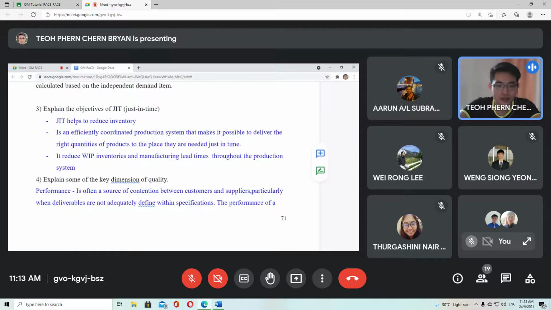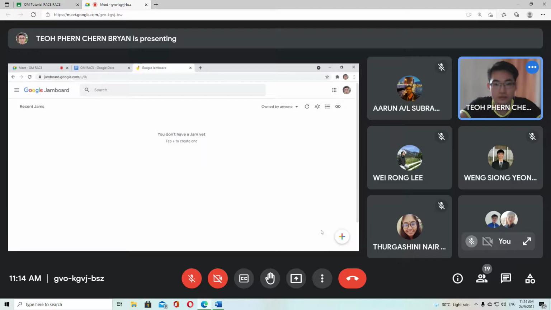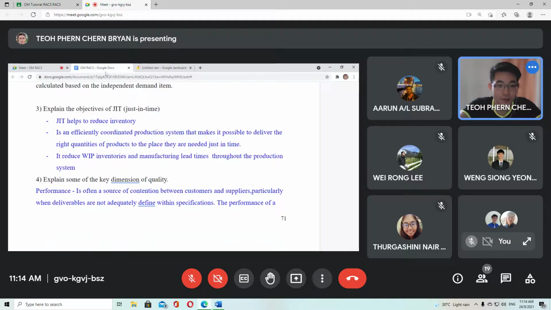All right. JIT, right? It's not very complex. Okay, a bit of things. So let me explain this JIT concept, in case it comes out in the exam. Just in time: the first objective is you want to reduce inventory.